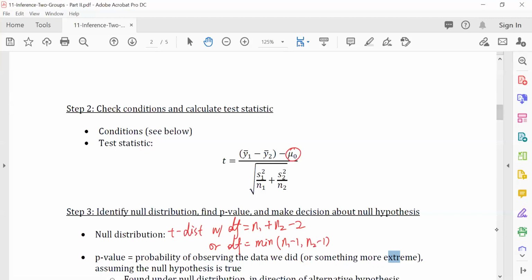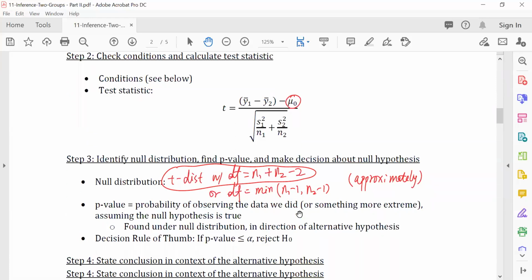Those are all approximate. We don't really need to use the exact formula for the degrees of freedom. So in our example, in your homework and in your exam, we are going to use this approximate formula. It's a little bit different than the exact formula you are going to see in your textbook, but it's easier. So that's about the null distribution.